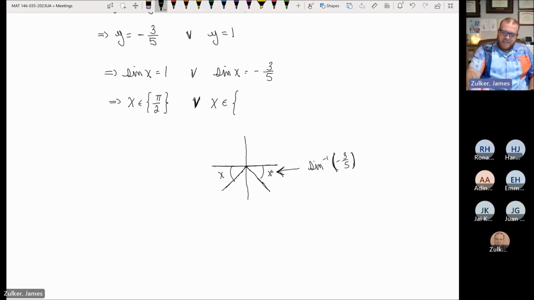We want it to be that exact angle right there. We just add 2 pi.